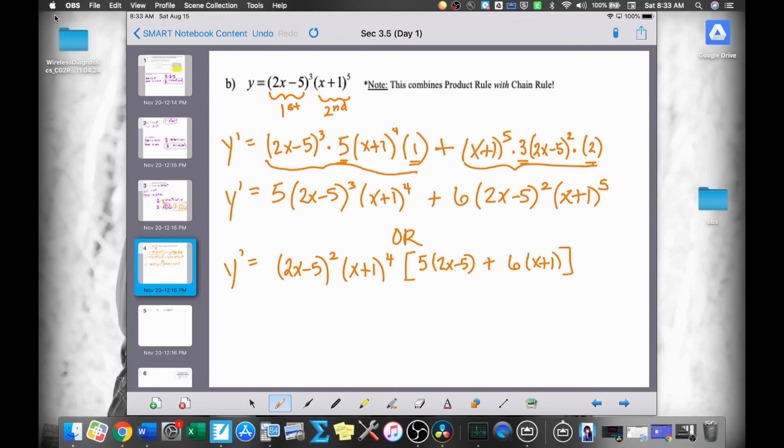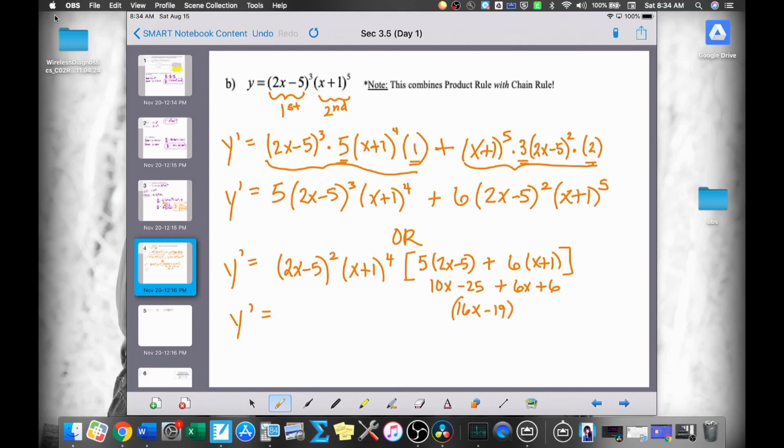And then if you wanted to distribute the 5, distribute the 6, and combine like terms within the bracket, you could. So then this becomes 10x minus 25 plus 6x plus 6. And so y prime would be equal to, and then if I combined like terms here, 10x plus 6x is 16x, and negative 25 plus 6 is negative 19.